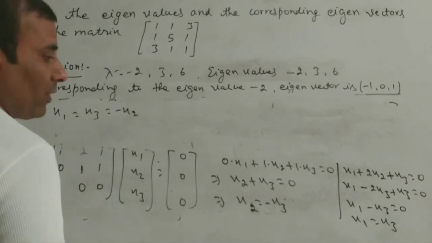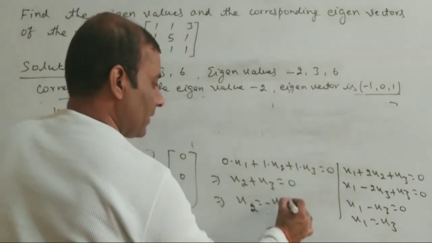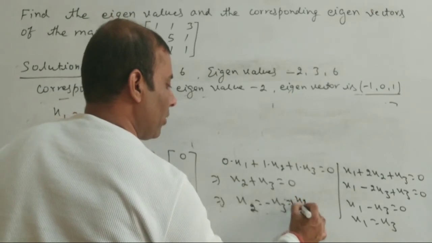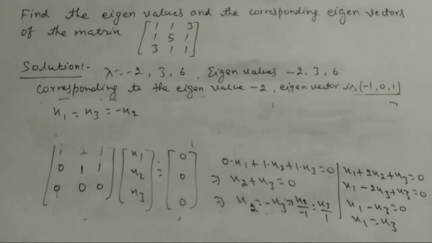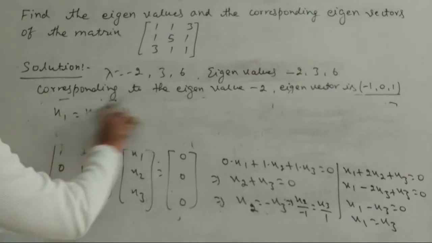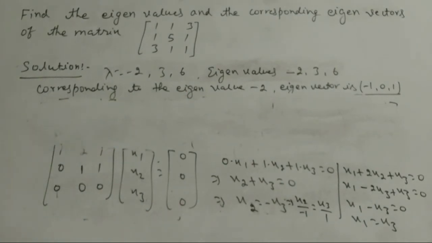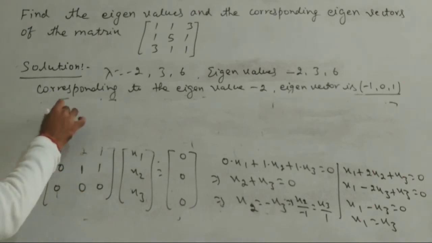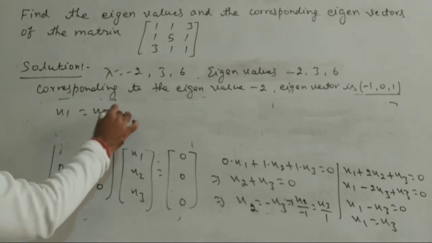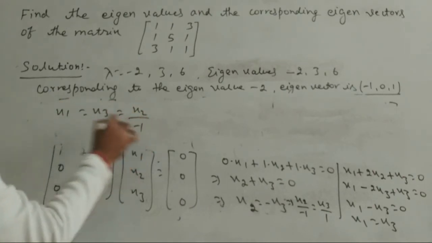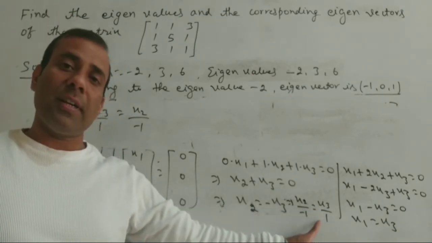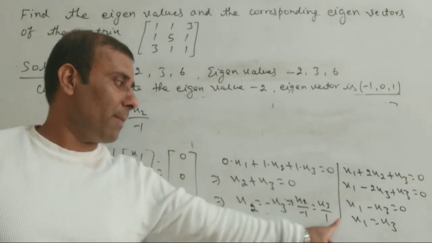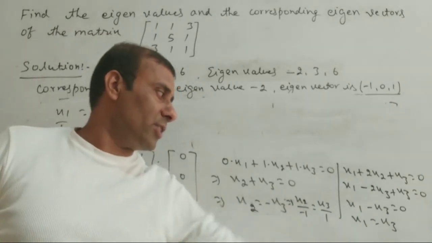Or we may also write here x2 upon minus 1 equals x3 upon 1. So from this equation we may also write x1 equals x3 equals x2 upon minus 1. सबके नीचे 1 लगा ले. x3 upon 1 equals x2 upon minus 1 और x1 upon 1 equals x3 upon 1.